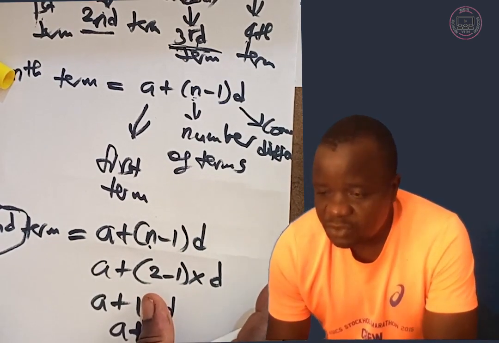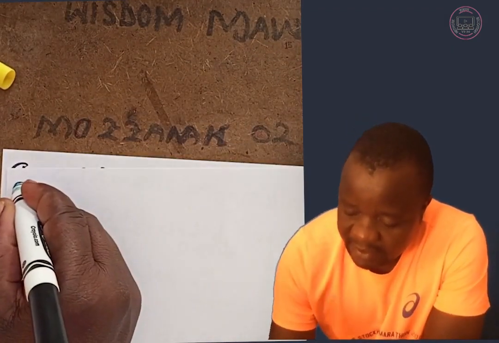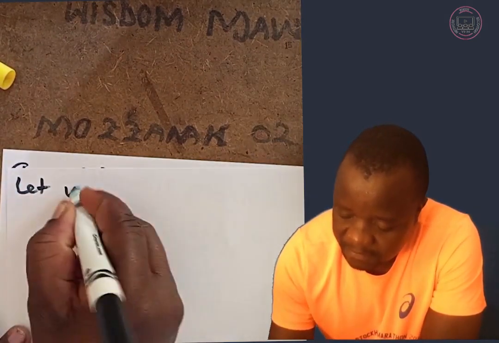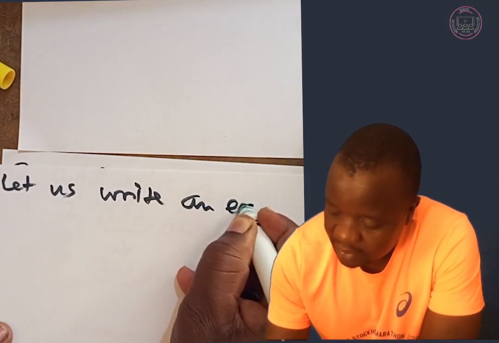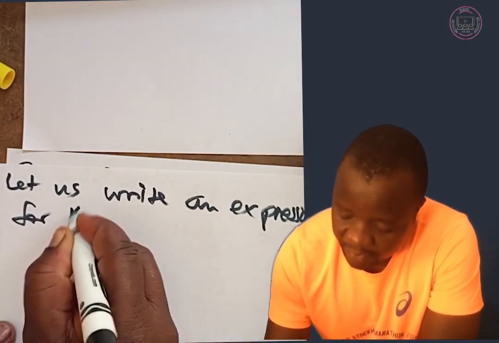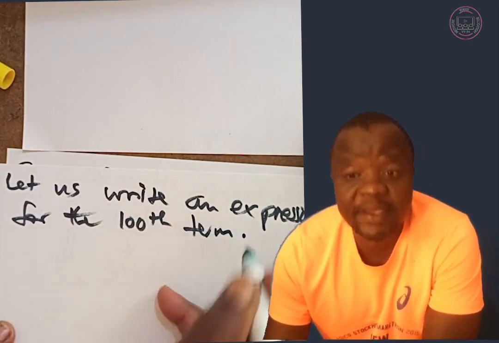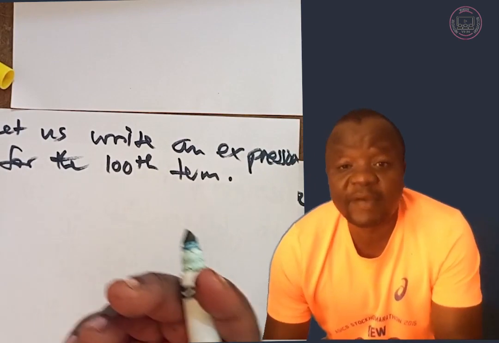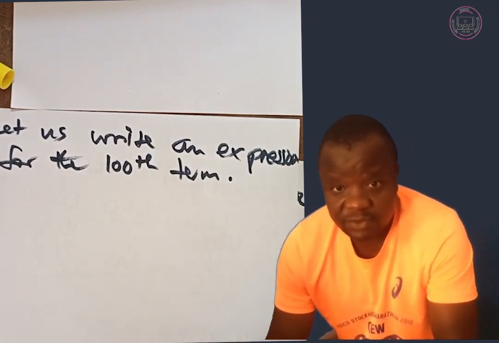Now we can also try to write an expression for the hundredth term, for example. Suppose we want to find term number 100. We want to write an expression for that.